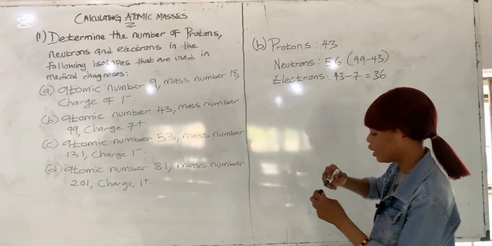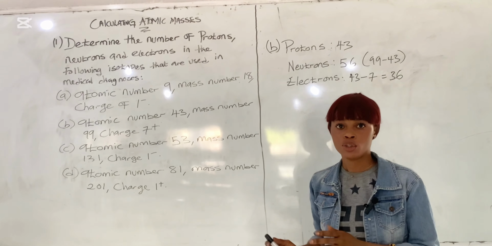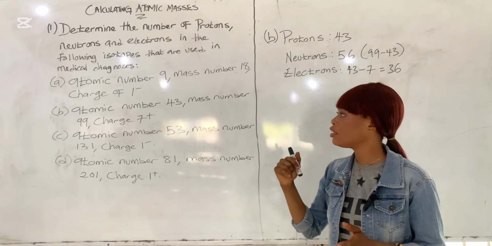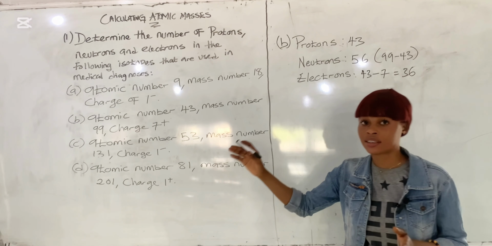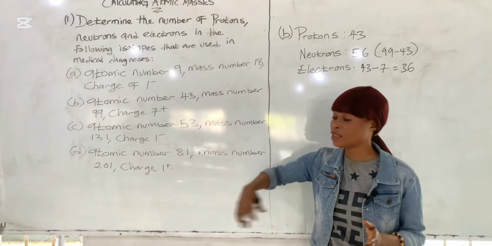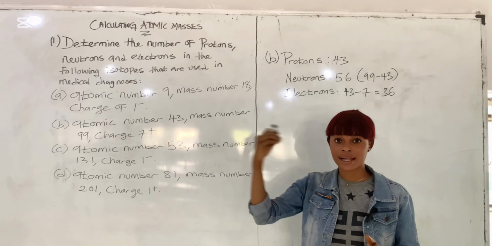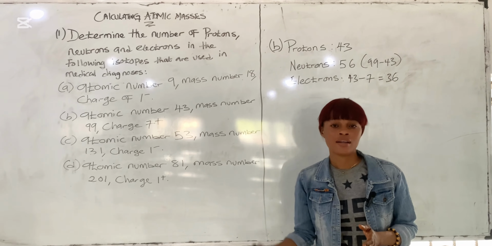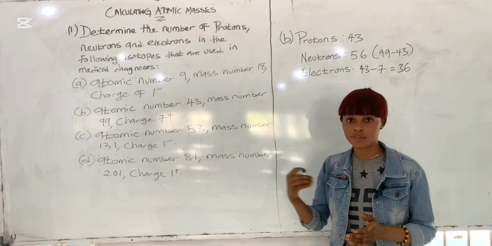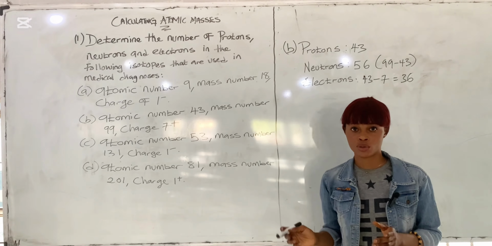So our electron number is 36. Please don't be confused: if the element carries a positive charge, you subtract it from the proton number, while if the element carries a negative charge, you add it to the proton number.